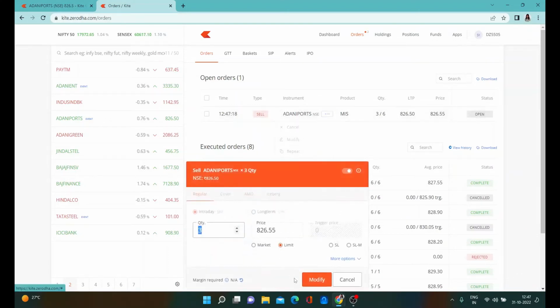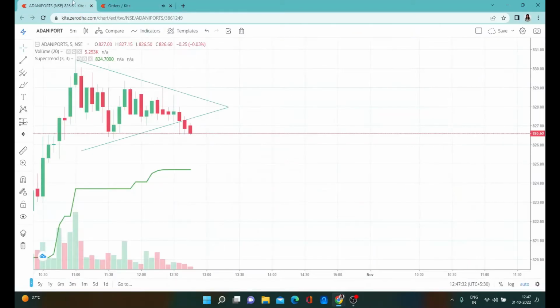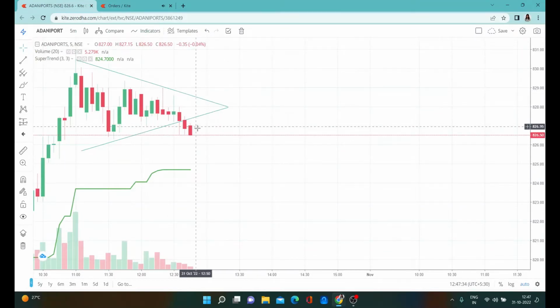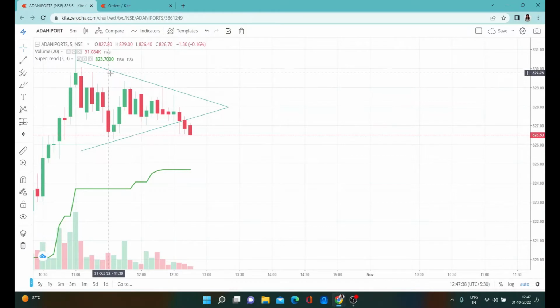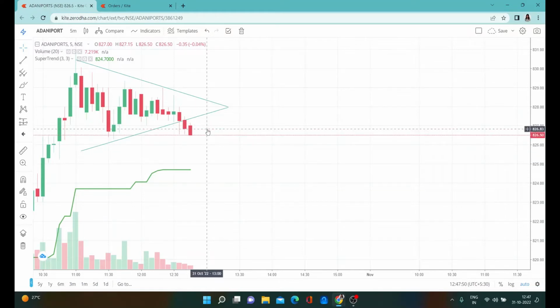All right, so now we're in the trade. We have taken a short position at 826.4. As discussed, the target would be 3 points. It is more than 3 points according to the triangle that has been formed. The length of the triangle is more than 3 points, but I'd like to capture 3 points to be in a safe position.